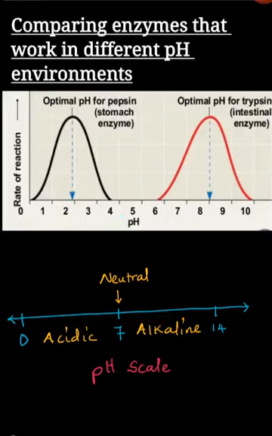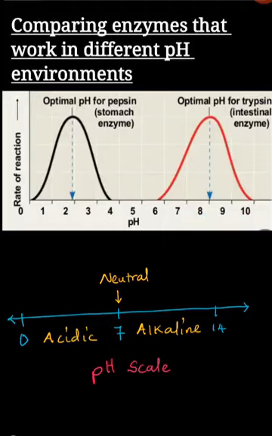When we compare another enzyme, the enzyme trypsin, this enzyme is found in the intestines of a human being. Now, when it comes to this enzyme trypsin, it works well at the optimum pH of around 8.5. And as you can see, 8 is above 7. So this enzyme trypsin works better in an alkaline environment.